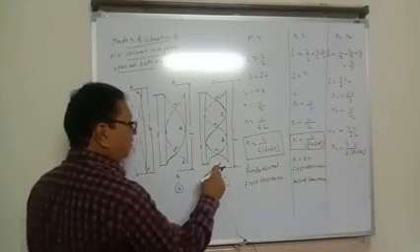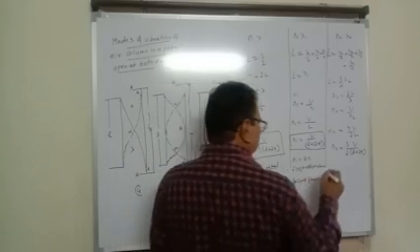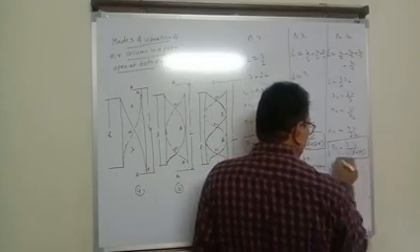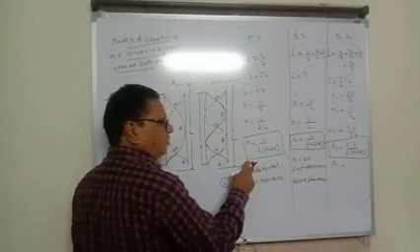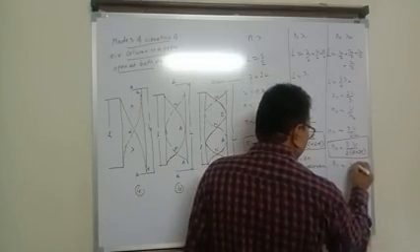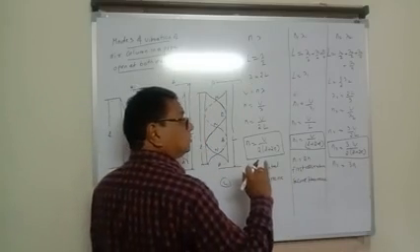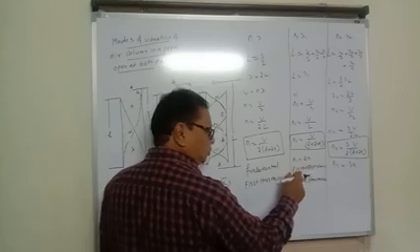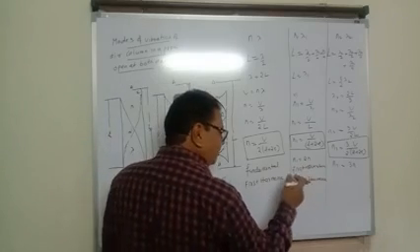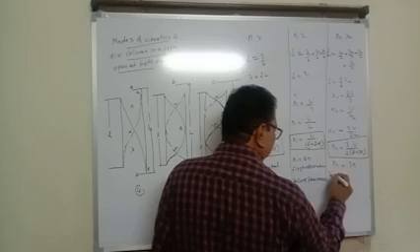Because end correction is applied on both sides. If you compare with the fundamental frequency, we get N2 is equal to 3N. Hence, it is the next frequency higher than the first overtone. It is called second overtone.